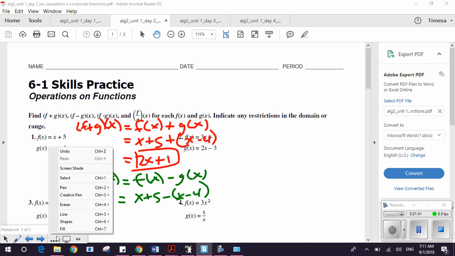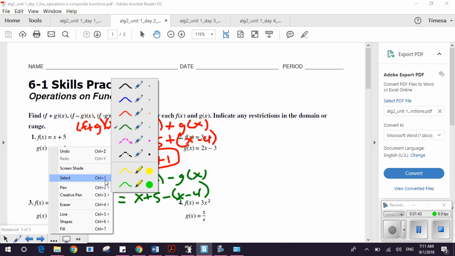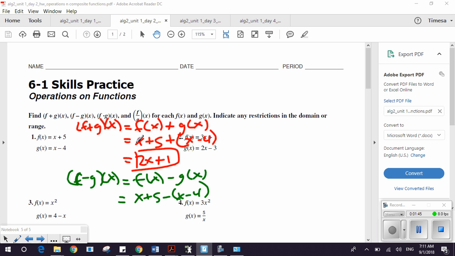Again, when you have subtraction, I highly, strongly recommend that you add a line, change all signs, and then simplify or combine your like terms. So x minus x is 0, and then you have 5 plus 4, which is 9.